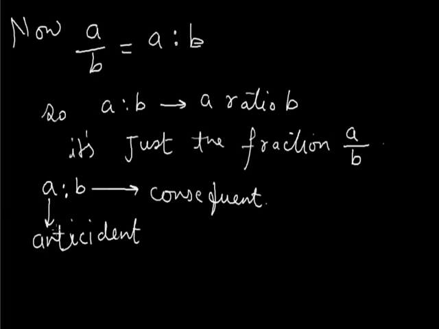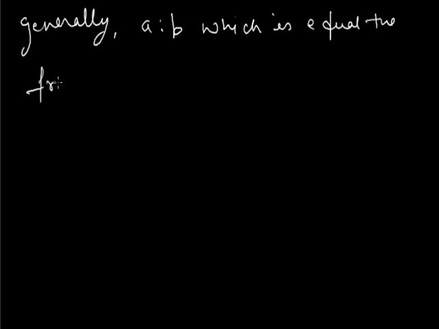Generally, A ratio B, which is equal to the fraction A upon B, is in its lowest form.